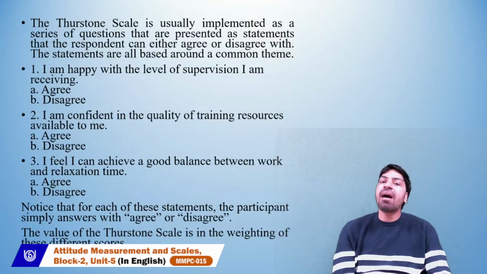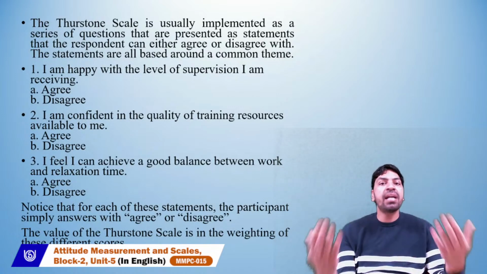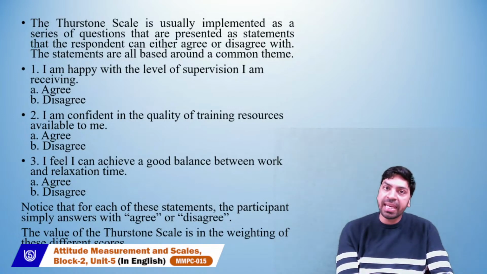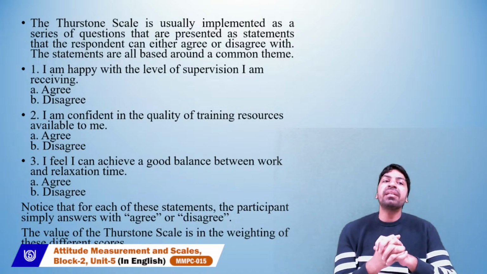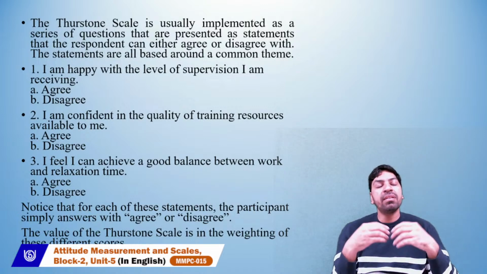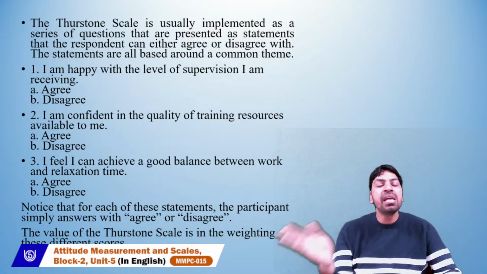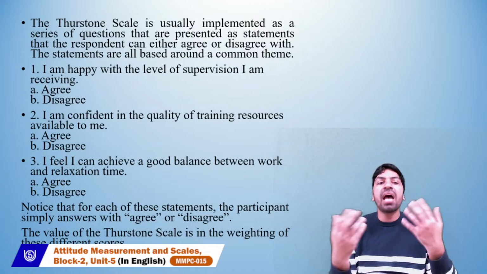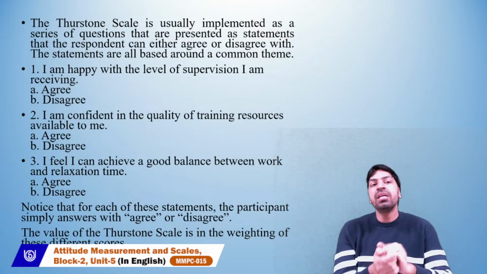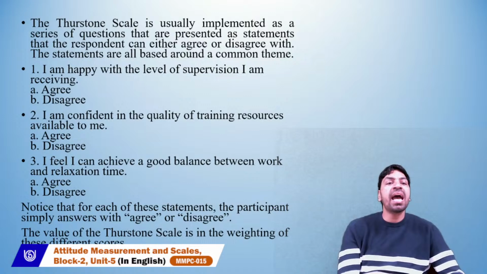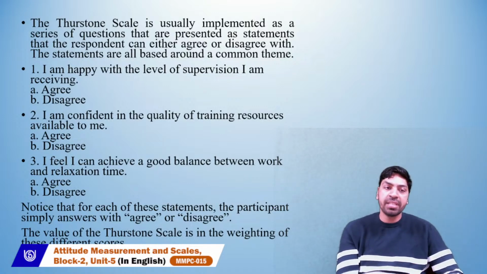This is an example so that you can easily understand the Thurstone scale. It is usually implemented as a series of questions in the form of statements, and you can ask whether they agree or disagree. I'm happy with the level of supervision I'm receiving, agree or disagree.